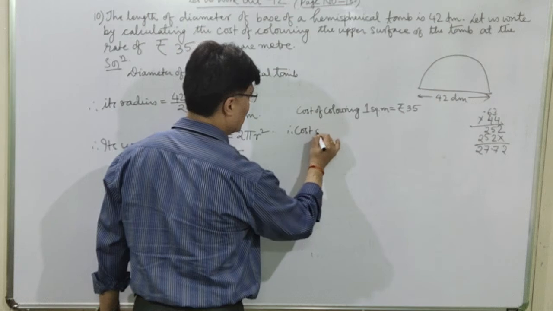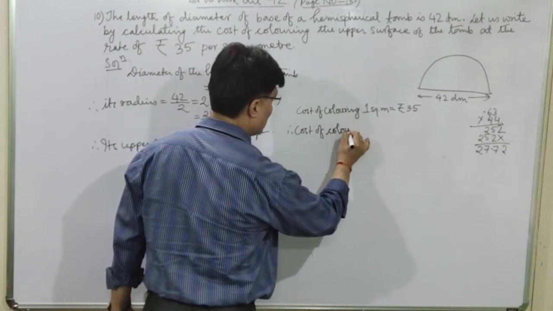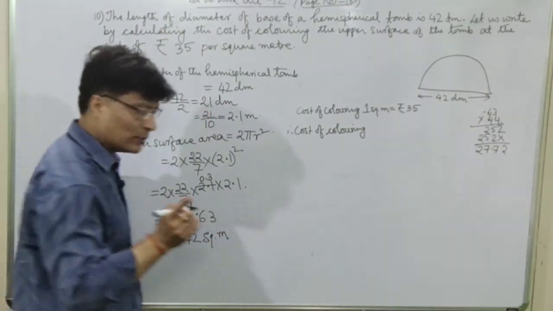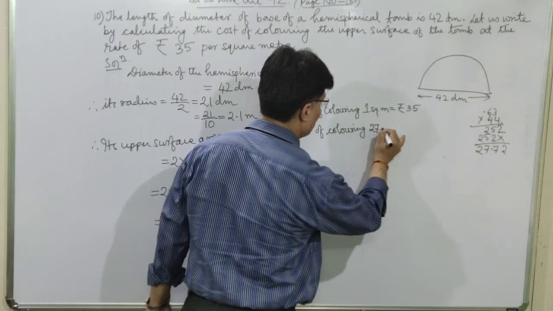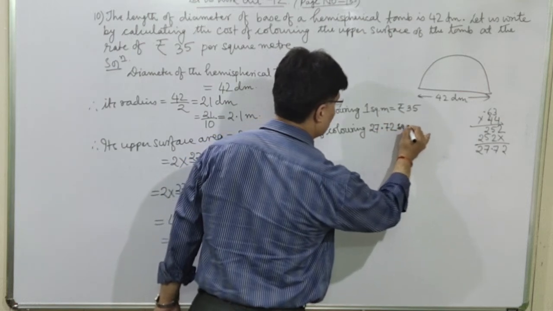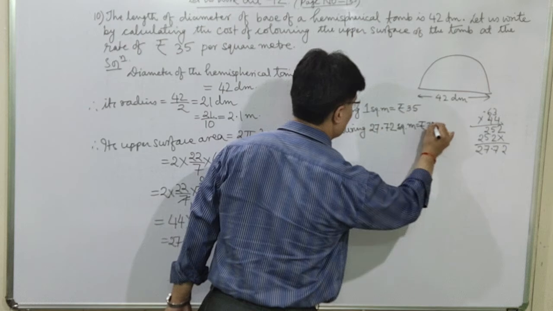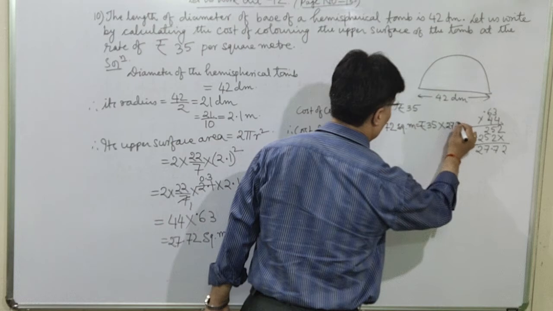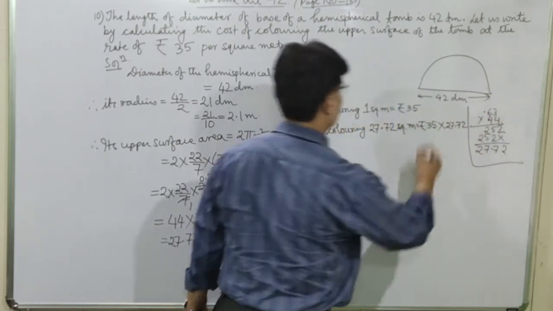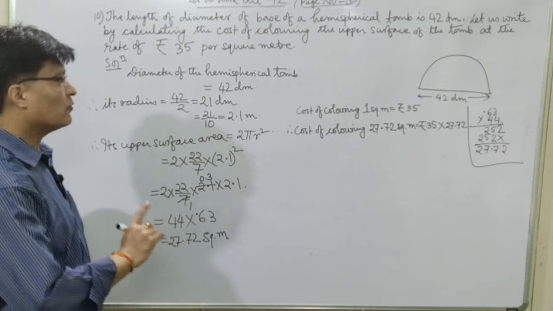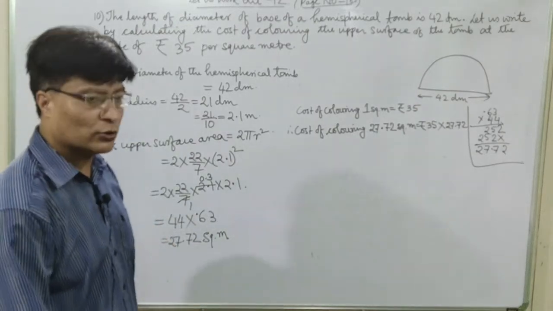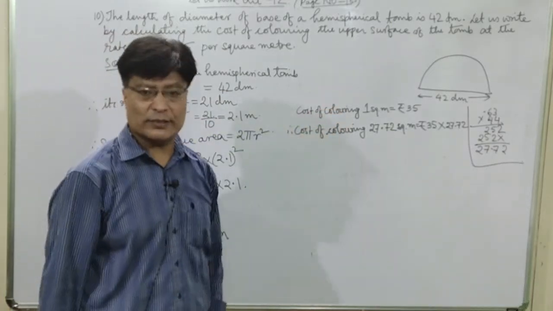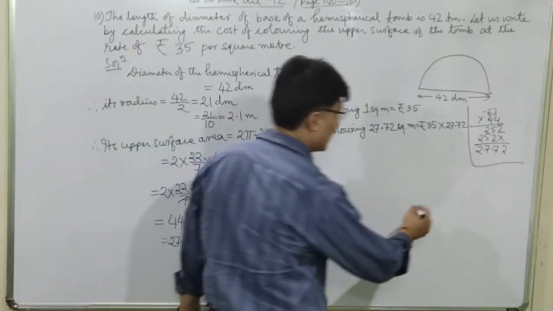So therefore cost of coloring 27.72 square meter is equal to rupees 35 into 27.72. You have to multiply this 35 by 27.72, right? So let us calculate it.